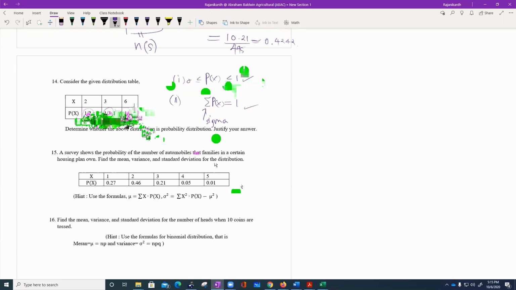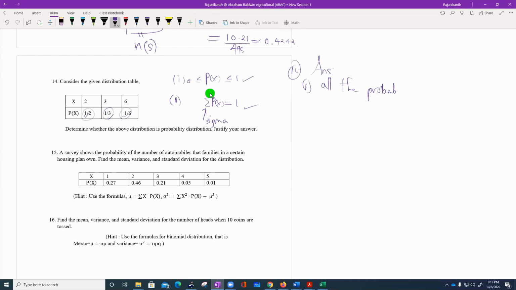Okay. So you had to write clearly. For this problem number 14, you had to write the answer like this. First condition: all the probabilities P(x) are between 0 and 1, right?